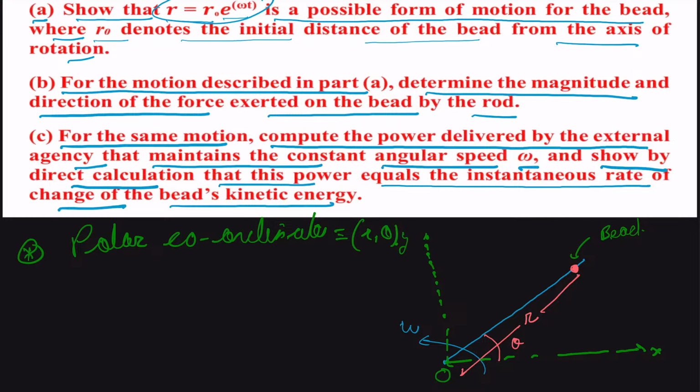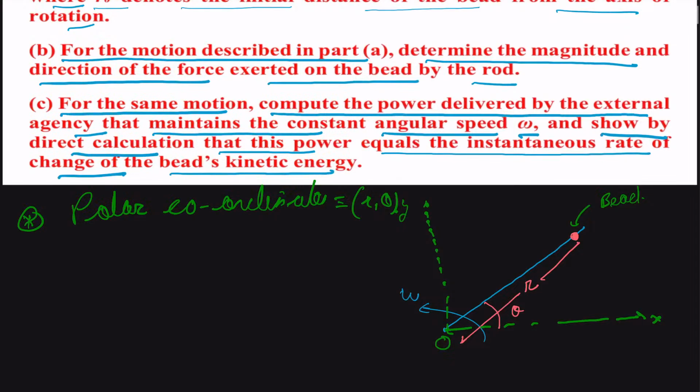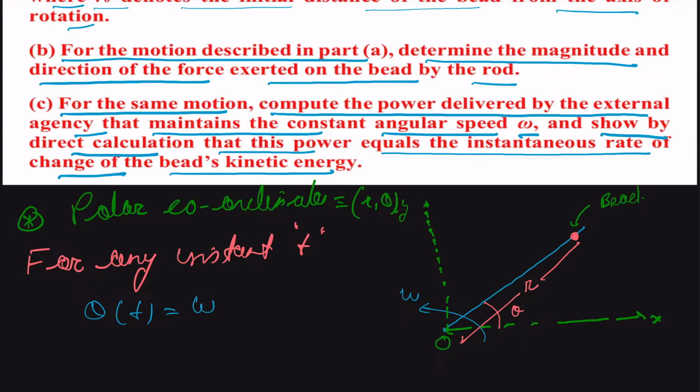Therefore we can write for any instant t that theta of t will be equal to our angular velocity multiplied by time t. Okay, that is a basic relationship.